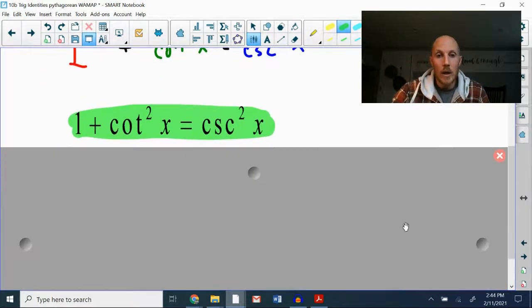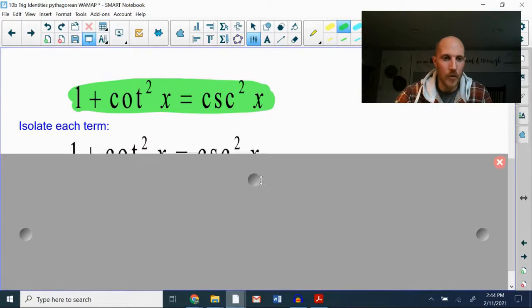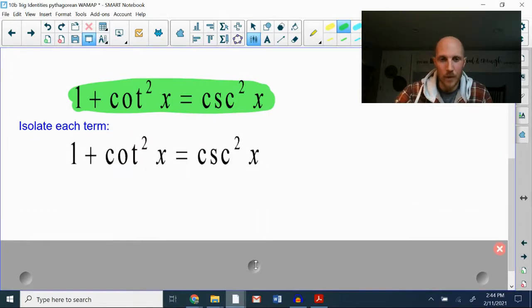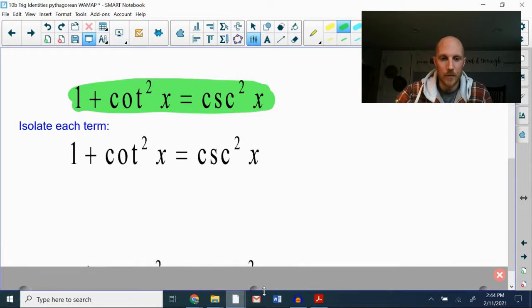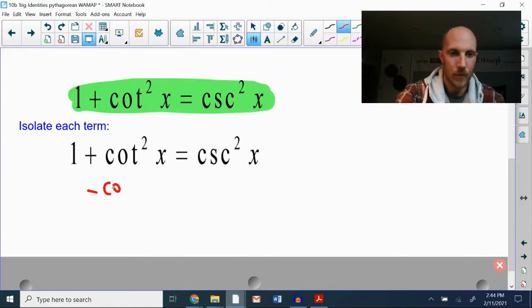Okay, so this has 3 terms in it also, and our next step is going to be to isolate the remaining 2 terms. So I've already got cosecant squared of theta by itself highlighted in green, but next let's isolate the number 1. We subtract cotangent squared of x from both sides.